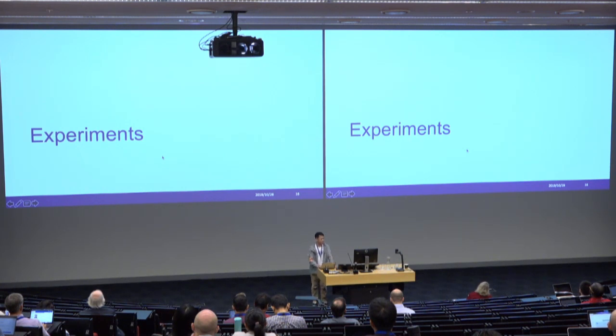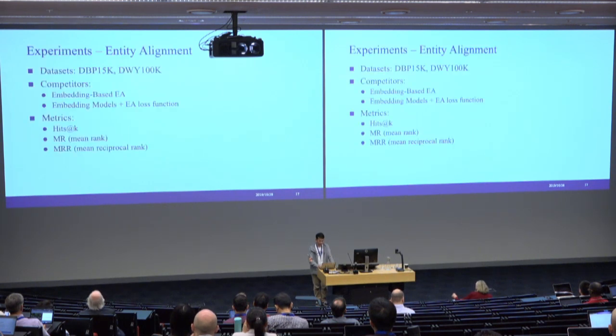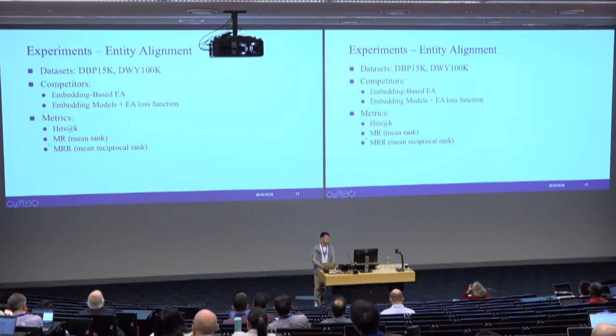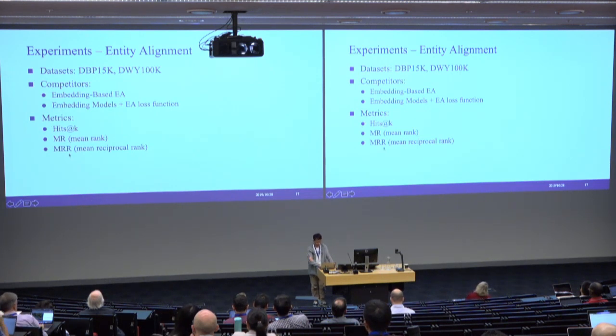Then we conduct experiments for our model. The first experiment is for entity alignment. We use the conventional DBP and DWY datasets. The competitors consist of existing embedding-based entity alignment models, and we also combine existing embedding models with our EA loss functions. We also use the conventional metrics to evaluate the performance.